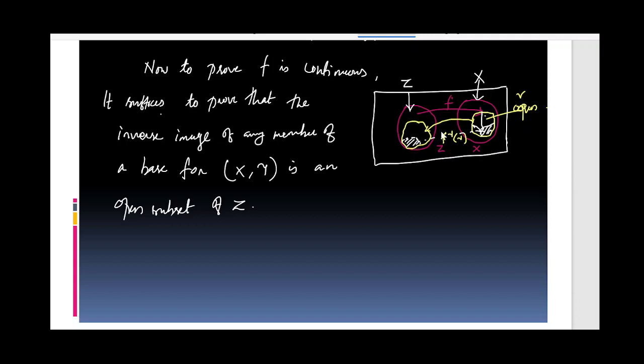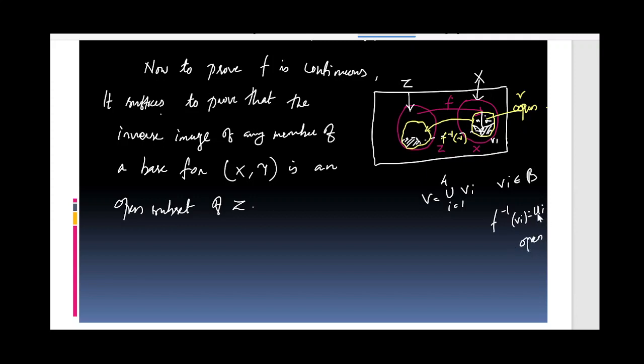Why? Suppose I am having here V1, V2, V3 and V4 as basis elements. I am writing my V as the union over i equal to 1 to 4 of Vi. Now this Vi belongs to the base. Now suppose f inverse of Vi is equal to some Ui, which is open.